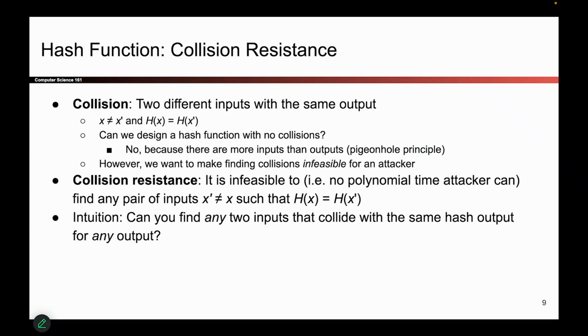If you've taken a class like CS70 and you've heard about the pigeonhole principle, that's the principle we're using here. If not, you can just think of it like there are more inputs than outputs, so at least some of the inputs have to map to the same outputs. So what that means is collisions do exist, so the challenge should more formally say, not that it's impossible to find a collision, but that it's very hard for an attacker to find a collision.